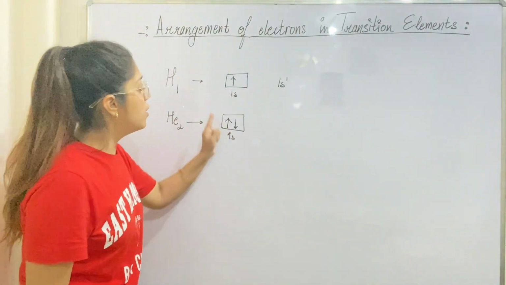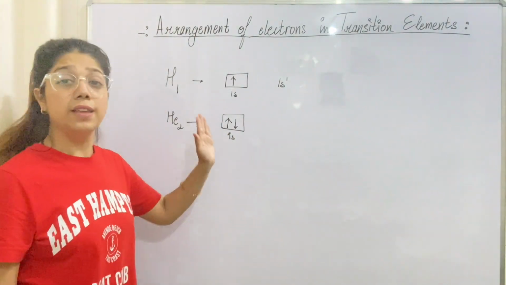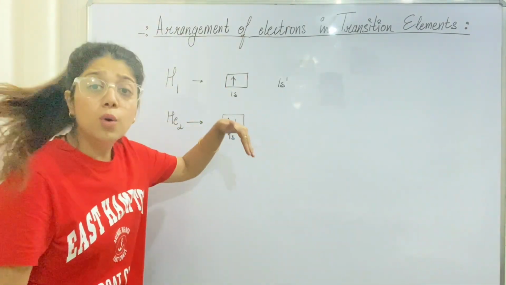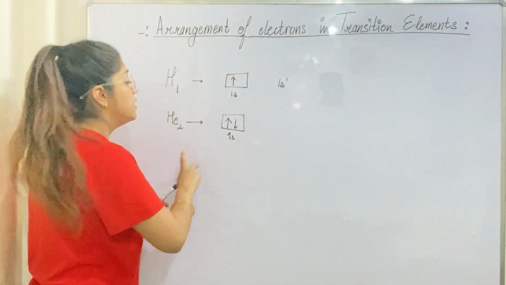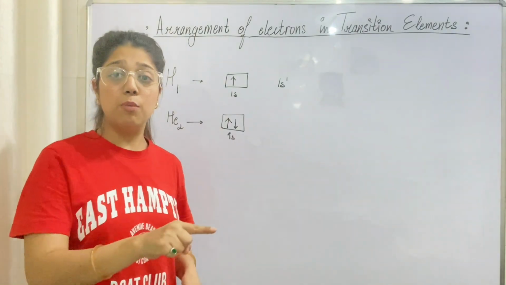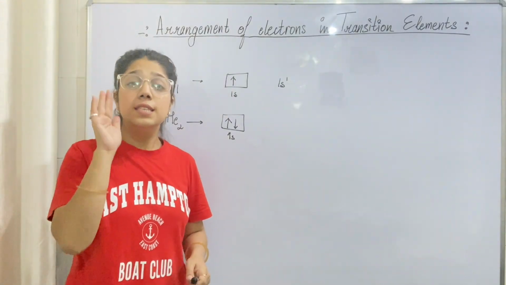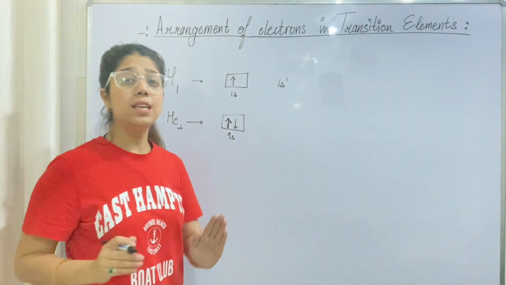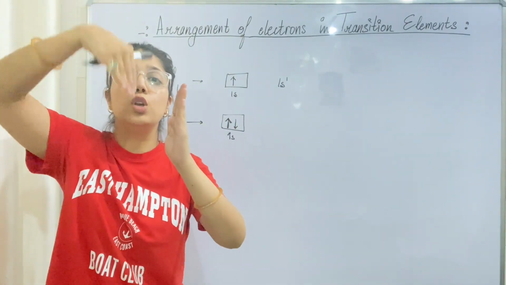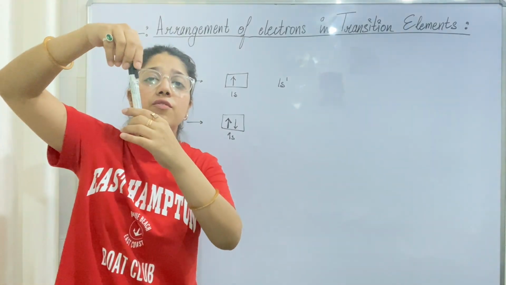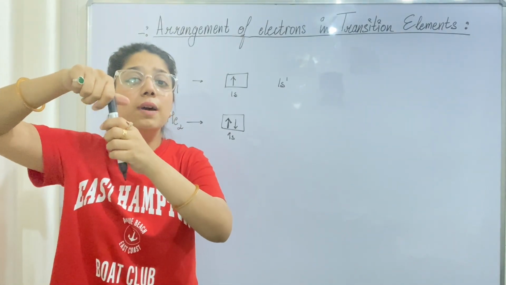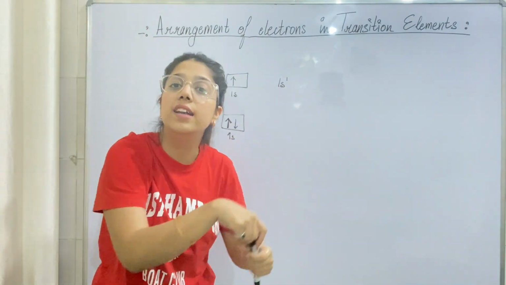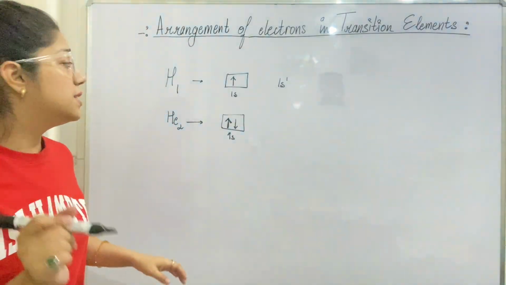I have drawn one electron in the upward direction and the other one in the lower direction. This indicates that no 2 electrons in the same orbital can have the same spin, right? Same spin is not possible, children. One is going to be up spin and one is going to be down spin. That means if one is rotating in the clockwise manner, the other one will be rotating in the anti-clockwise manner. I hope this is clear to you.